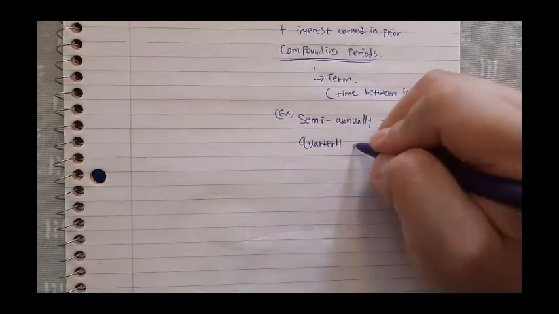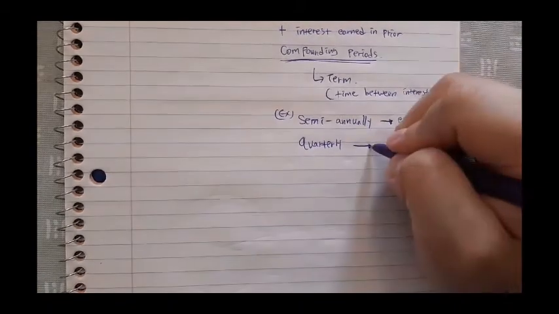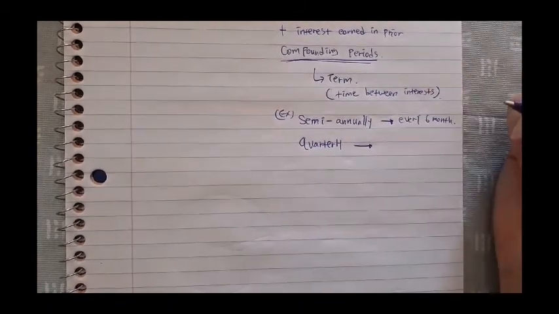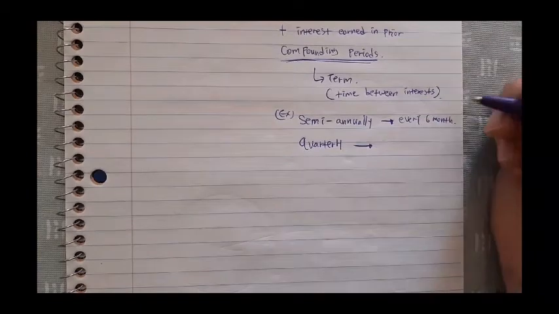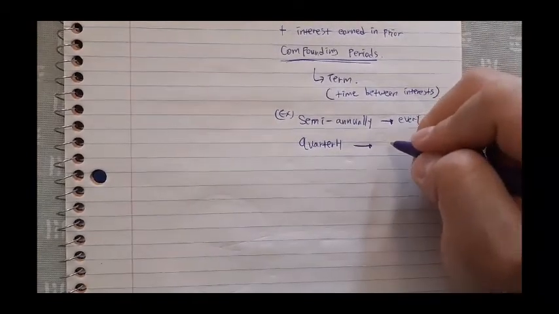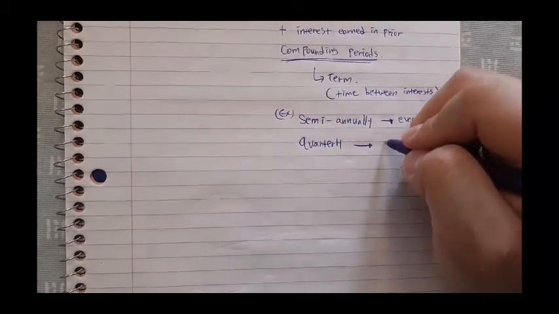Quarterly is 1/4 or 25% of the whole year, which is 3 months, because 3 times 4 is 12 months.